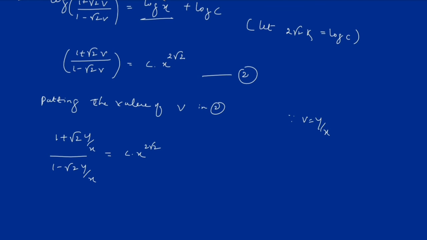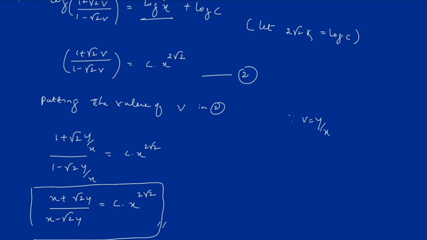So now cross multiply, and we get x plus root 2y over x minus root 2y, in the denominator x gets cancelled. The final value is c into x to the power of 2 root 2, which is nothing but our required solution, right? It is our required solution of a homogeneous differential equation.